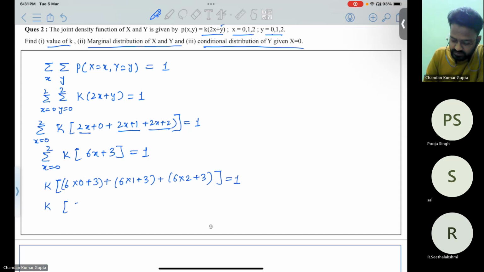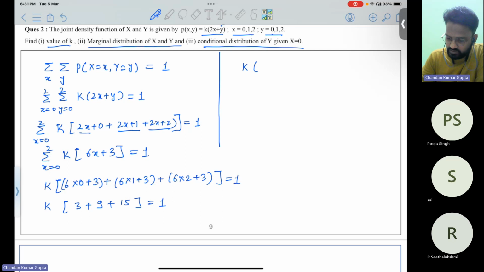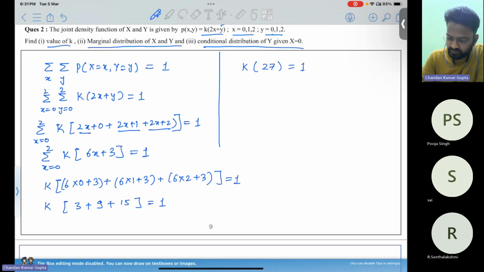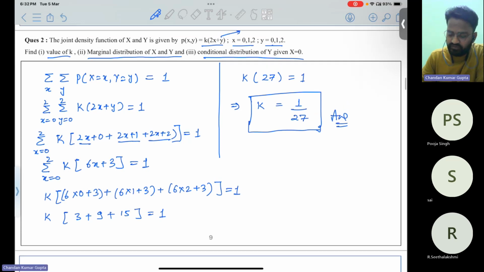It is 3 plus 9 plus 15 equal to 1, that means k times 27 equal to 1. This implies k equal to 1 upon 27. So the value of k is 1 upon 27, for which this given function is a joint density.